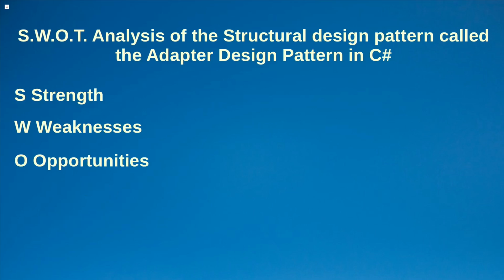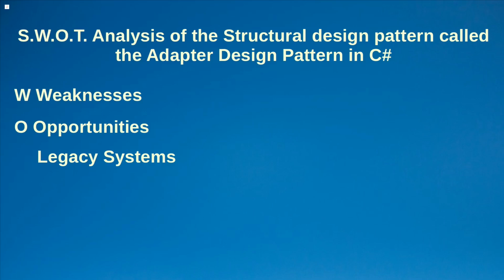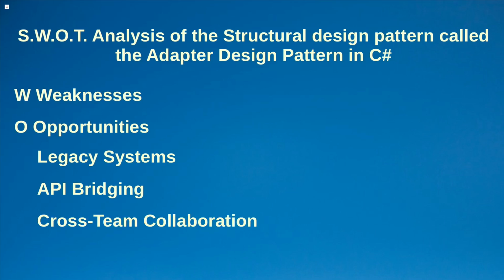O. Opportunities. Legacy systems. Enables integration of legacy systems into .NET environments. API bridging. Simplifies bridging third-party APIs with custom implementation in C#. Cross-team collaboration. Facilitates collaboration by allowing teams to work with preferred interfaces.